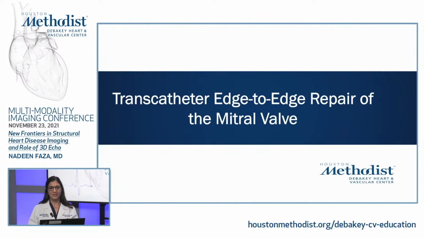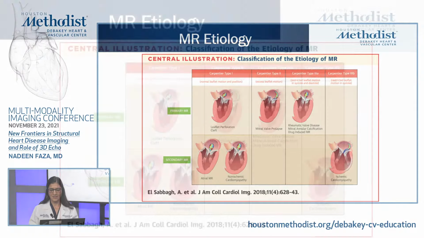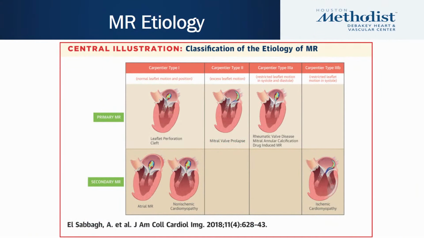I'm going to start discussing transcatheter edge-to-edge repair of the mitral valve. As a quick overview, remember that MR etiology can be divided into primary mitral regurgitation and secondary mitral regurgitation. Primary mitral regurgitation can be due to leaflet perforation or cleft, mitral valve prolapse, or rheumatic valve disease, mitral annular calcification, or drug-induced mitral regurgitation.